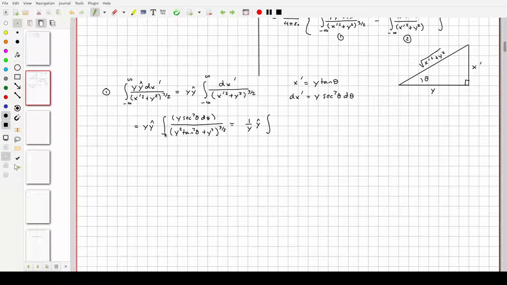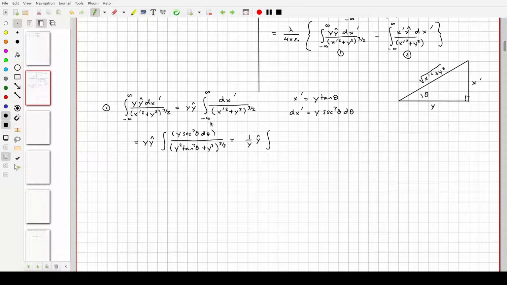Now, what about my limits of integration? Well, we're going from minus infinity to plus infinity, and I've chosen to use a substitution that has a tangent. If you plot tangent, let's pretend this is our angle theta, and this is tangent right here. What you'll discover is that at minus pi over 2 and at pi over 2, your tangent blows up. It looks something like this. It becomes asymptotic.